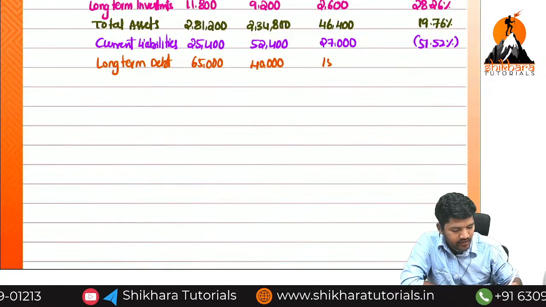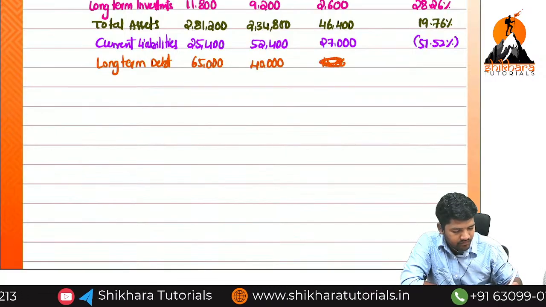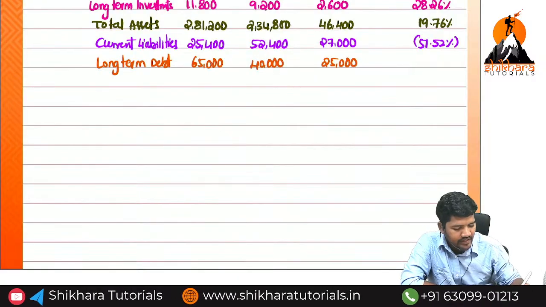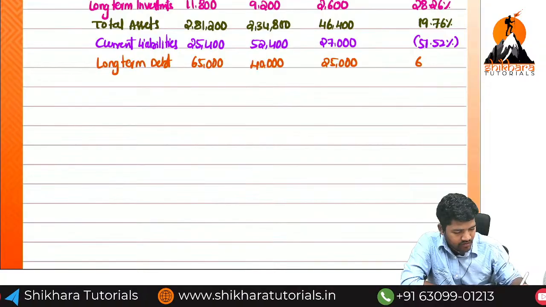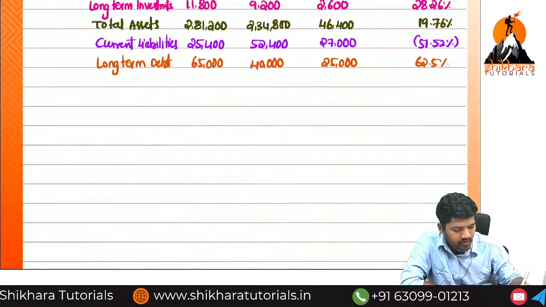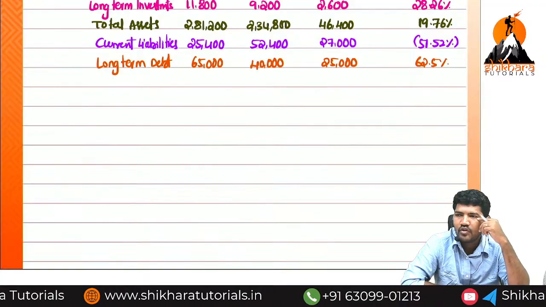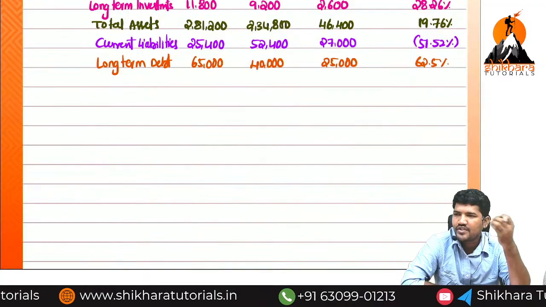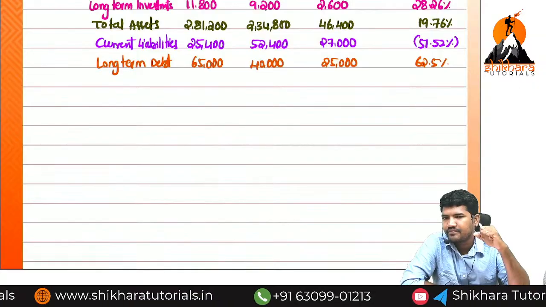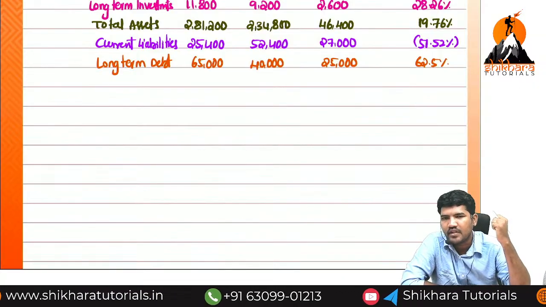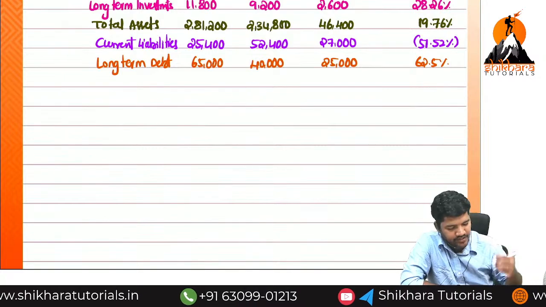Increase 15,000. 25,000. Percentage, please. 62.5%. What is the meaning of a 62.5% increase in long-term debt? We have procured 25,000 extra compared to last year. My cash balance increased by 25,000. Yes or no, sir? Next.